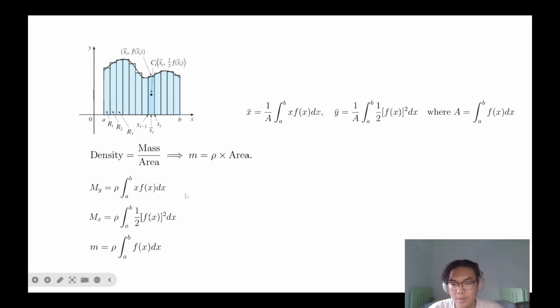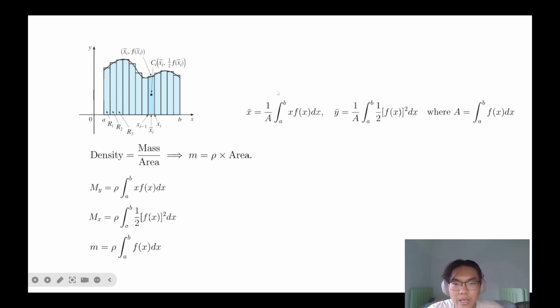For the y position, we use the center of this area as the position, so it's f(x) over 2. Like above, we multiply by f(x) as its area, and we get the moment for y. Then for the total mass, we still use the density. Then we divide the total moment by the total mass, and we get the position of the center.